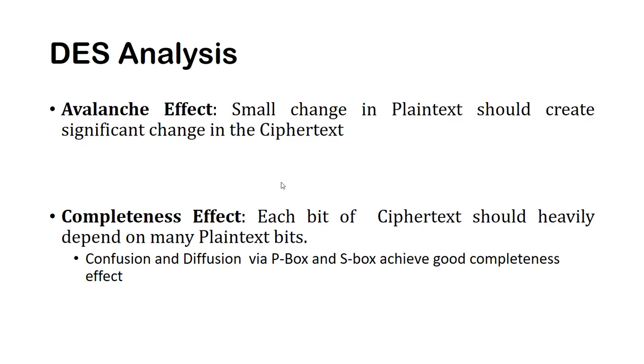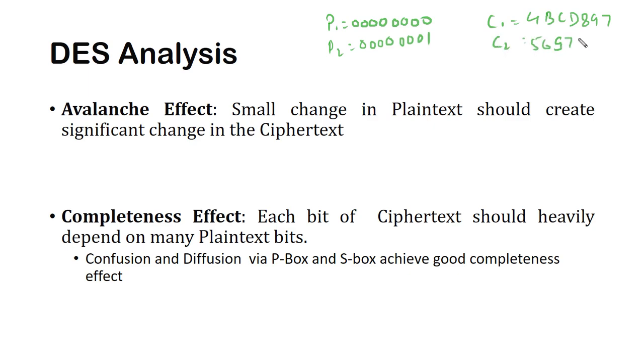The first one is the avalanche effect, and we'll see how well DES performs in the avalanche effect. Avalanche says that if you change the plaintext even by a single bit, there should be a significant change in the ciphertext. Once you have created a DES, Data Encryption Standard, and you provide an input and get a ciphertext, if you change the plaintext a second time by just one bit, then the ciphertext you get is absolutely random.